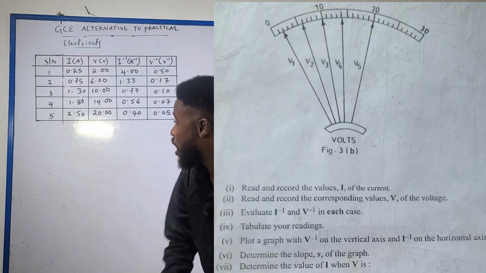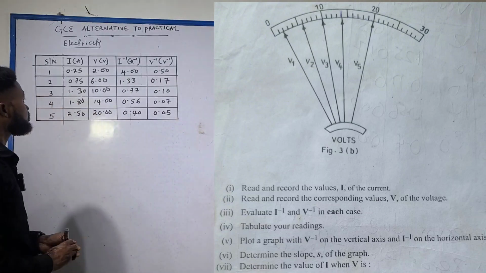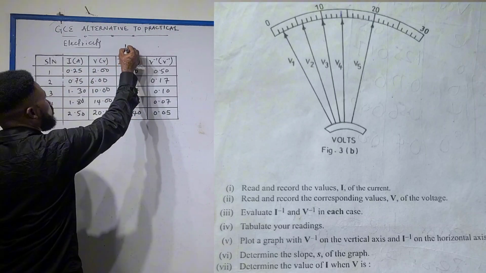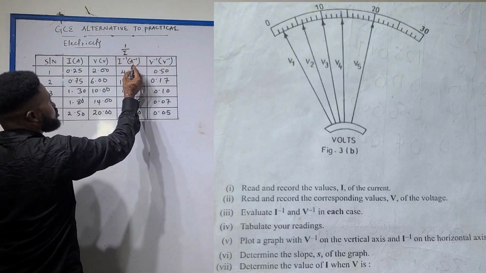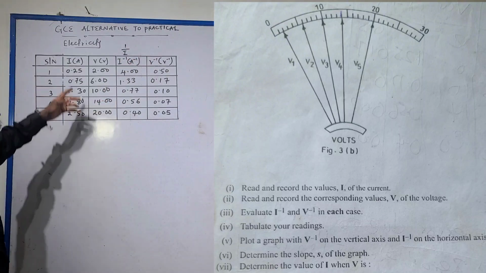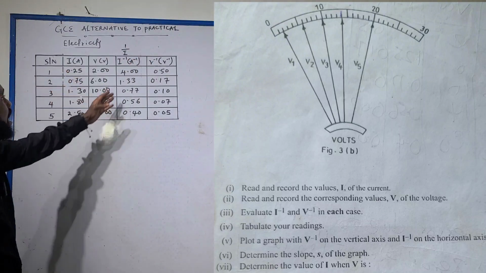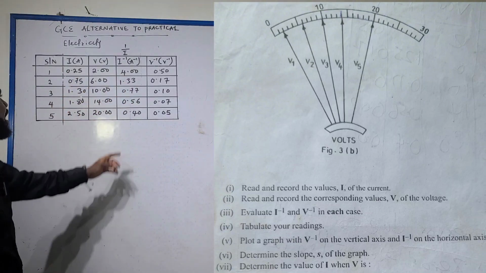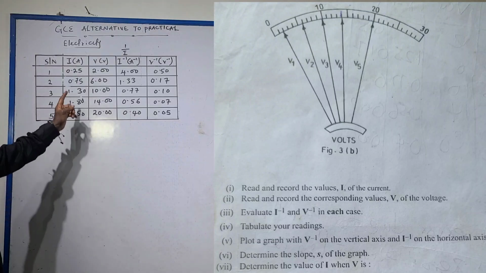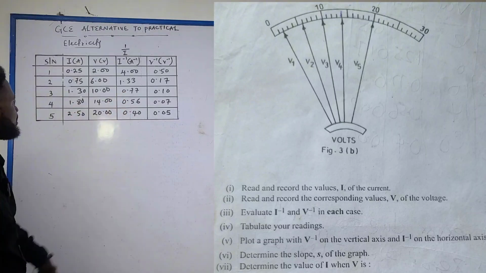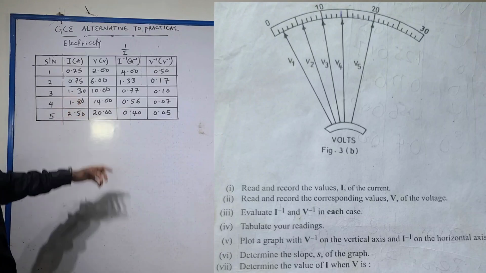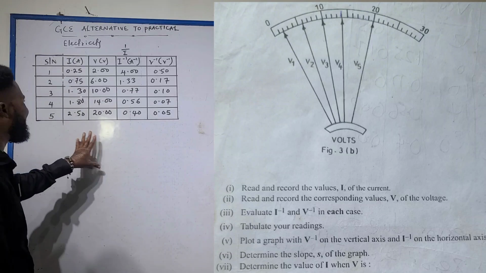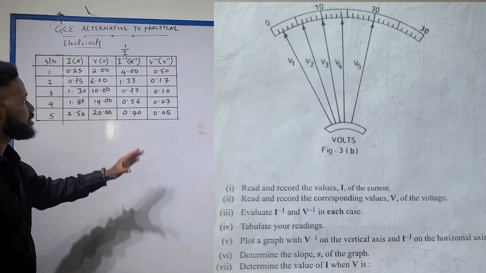The inverse of the current means 1 over I, and the unit becomes per ampere. 1 divided by 0.25 is 4. 1 divided by 0.75 is 1.33. 1 divided by 1.30 is 0.77 to 2 decimal places. 1 divided by 1.80 is 0.56. 1 divided by 2.50 is 0.40.